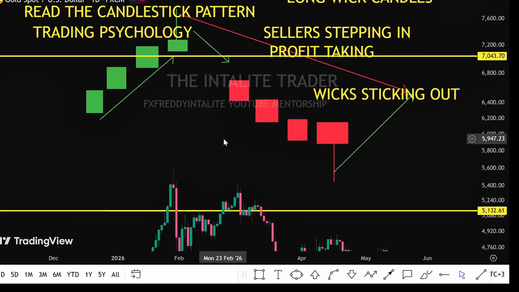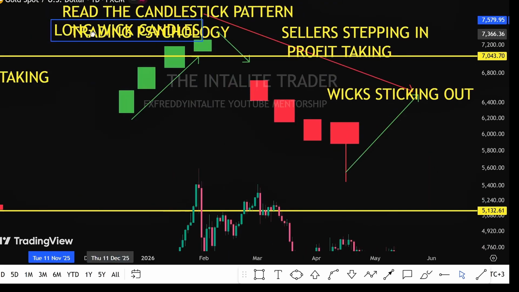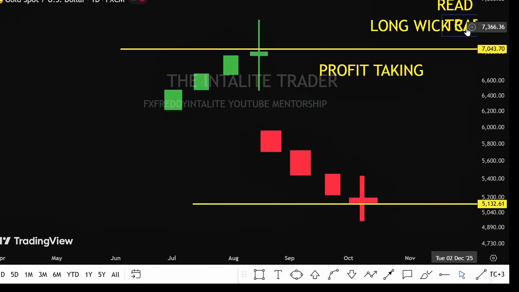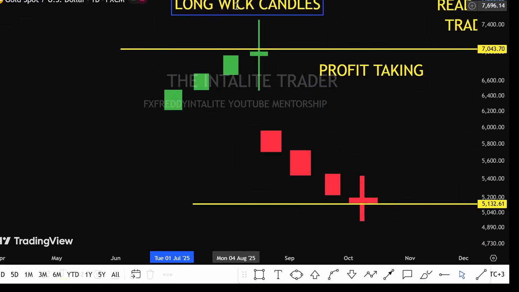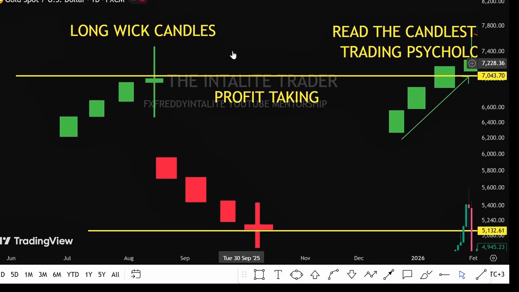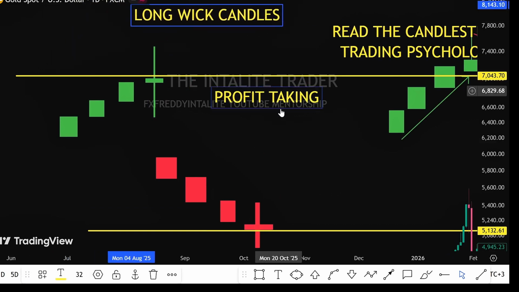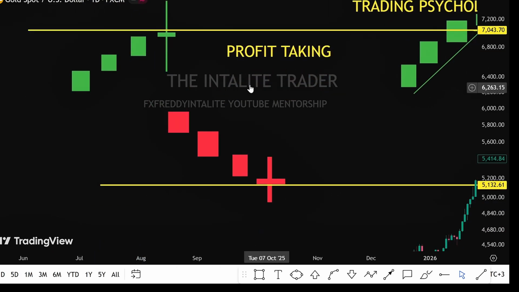I repeat, long wick candles. Here in the advanced way, we don't say this is a doji, we don't say this. All we want to see is a long wick candle forming at a key level. It can be a support level, it can be a supply and demand level.